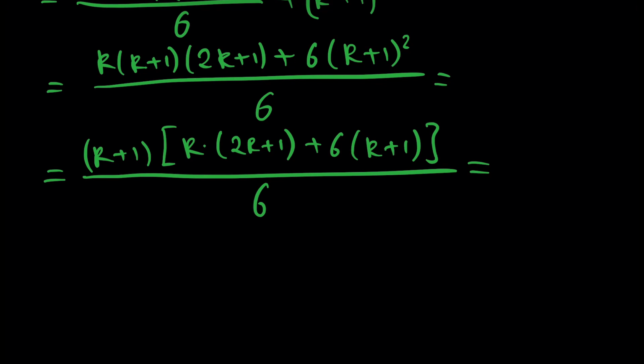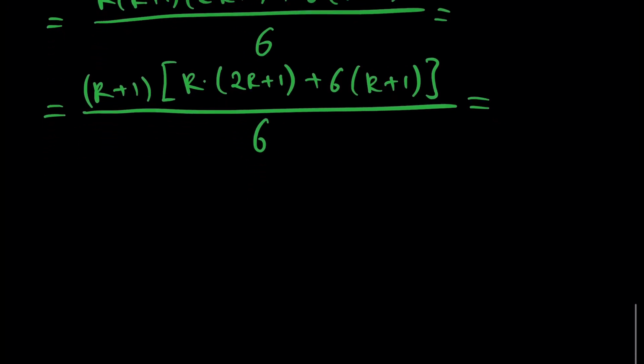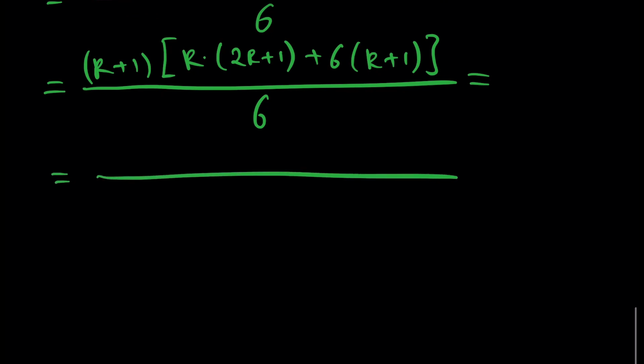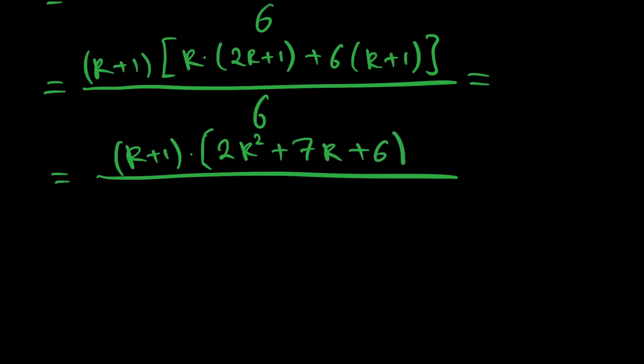Okay. Next, we can write it as k plus 1 times, here we will have 2k squared plus 7k plus 6 divided by 6.